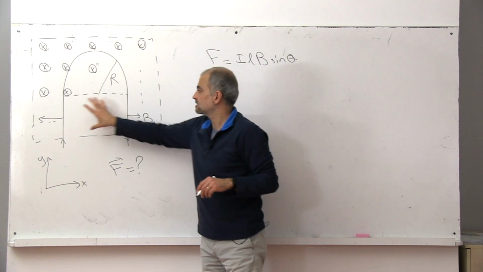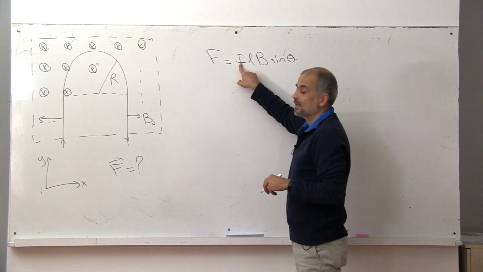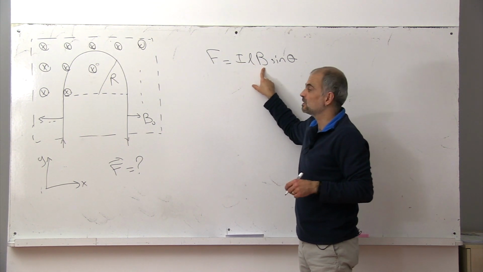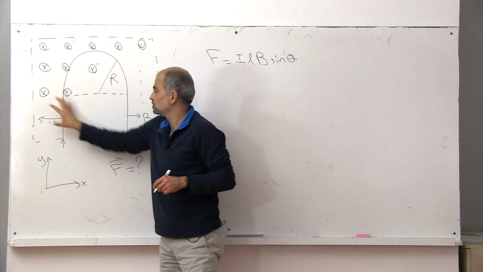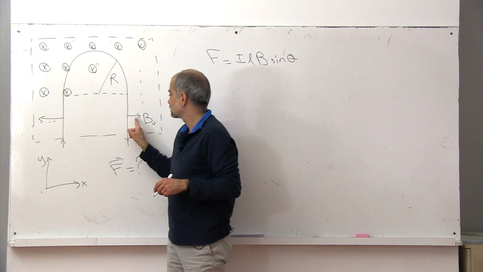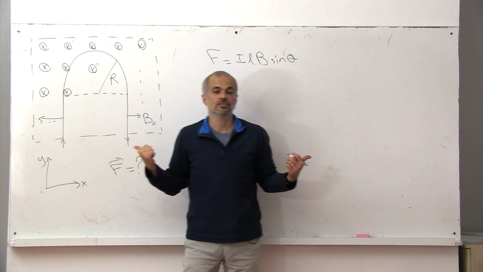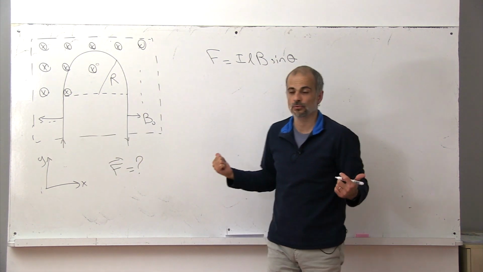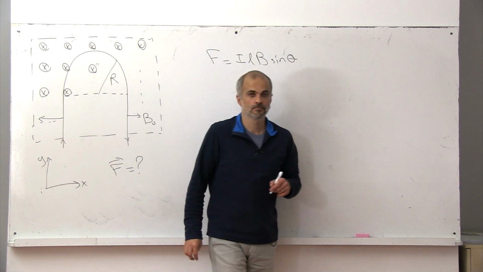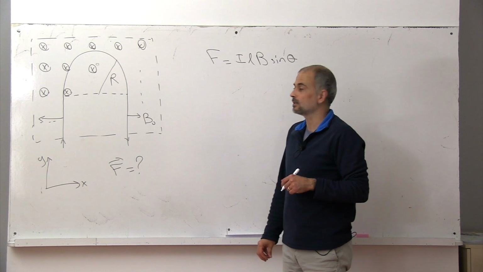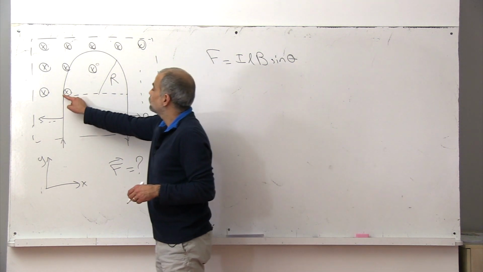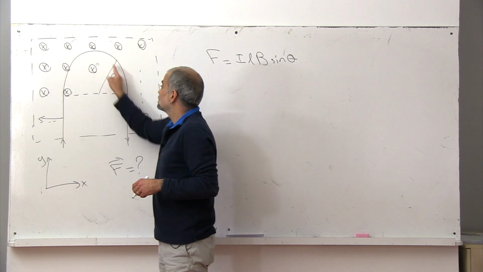For both of these segments, I is the same, L is the same, and B is the same because B is uniform in this rectangular region. So that tells us that these two forces are pointing in opposite directions but have the same magnitude. When we sum them up, those two forces just give us 0. The only other contribution that we need to calculate is the force acting on this segment.